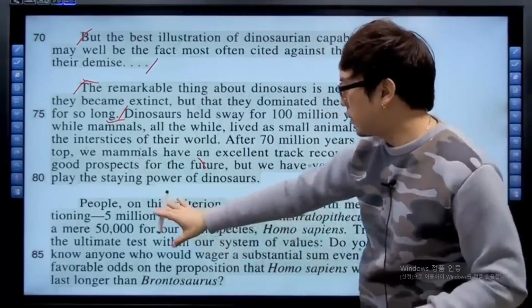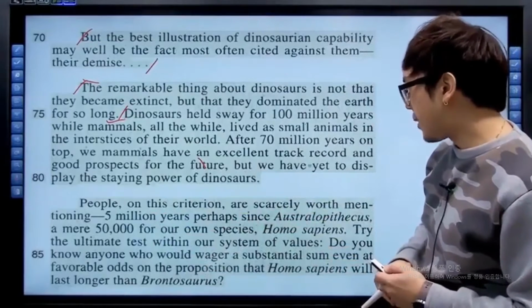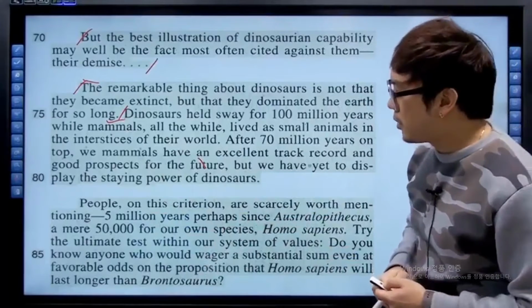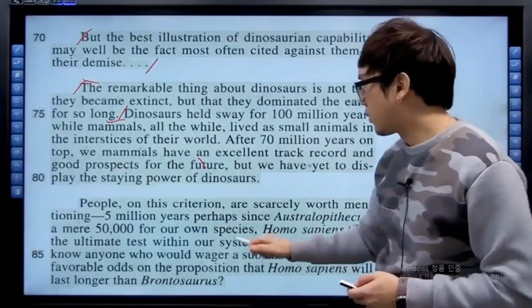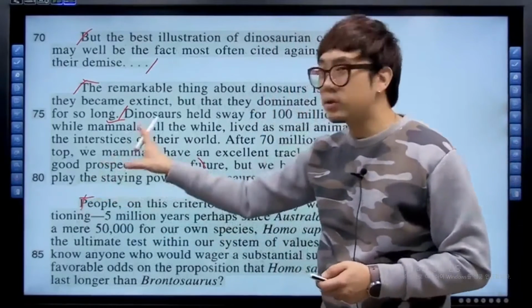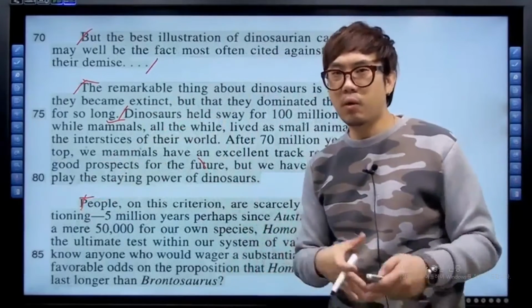And then it says, people in this criterion are scarcely worth mentioning. 5 million years, perhaps, since Australopithecus, a mere 50,000 for our own species, Homo sapiens, right? So we're talking about compared to the dinosaurs, which probably ruled for millions and millions of years on the earth.